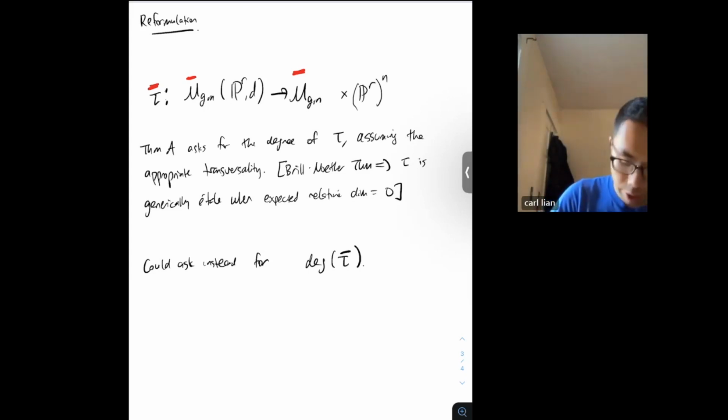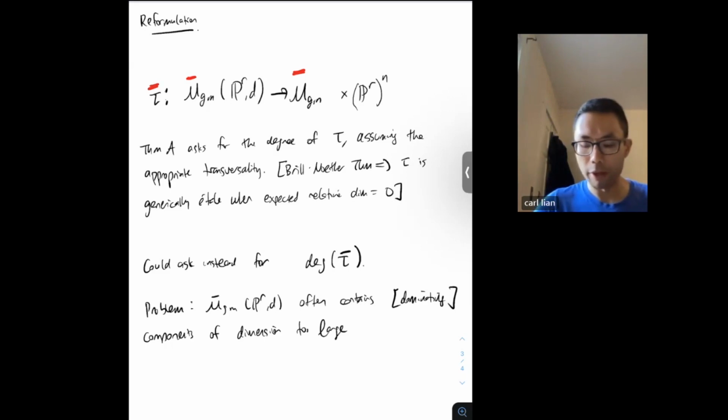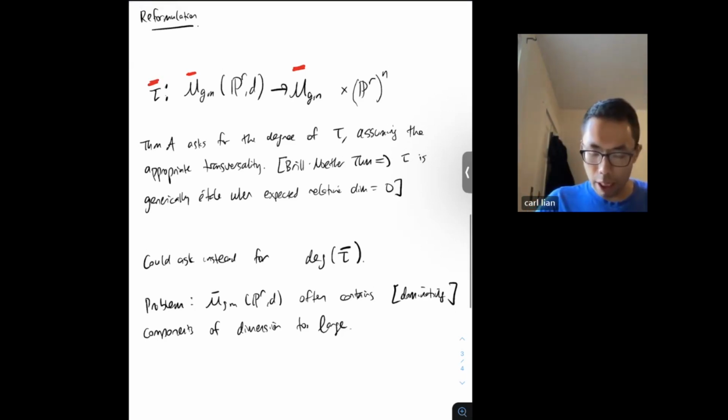The problem, which is well understood, is that the moduli space of stable maps often contains, in fact even dominating, components of dimension too large, so greater than the expected. By dominating, I mean they actually dominate the target of this map tau bar, and they will contribute to what you might think of as the degree of tau bar.